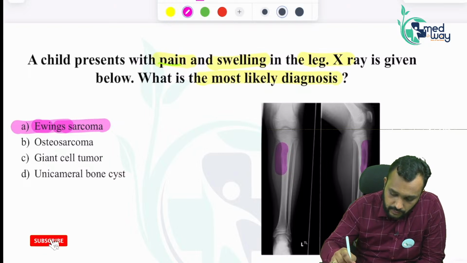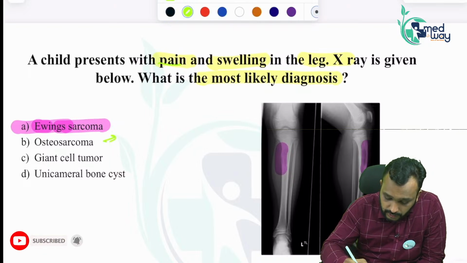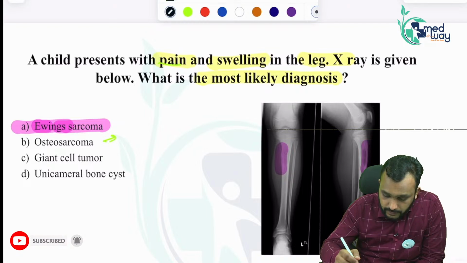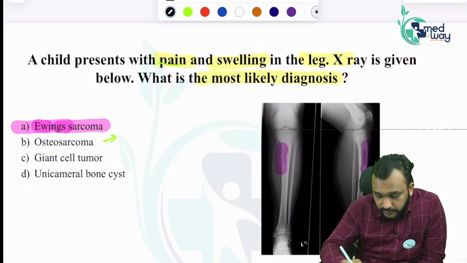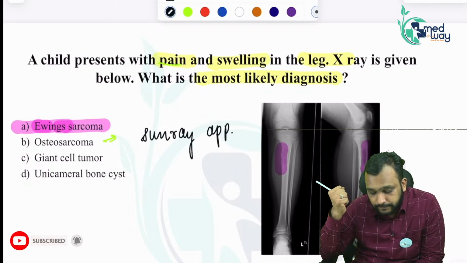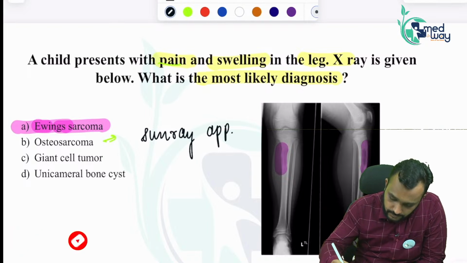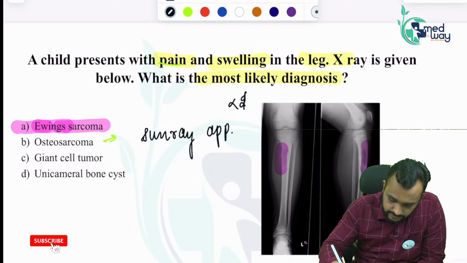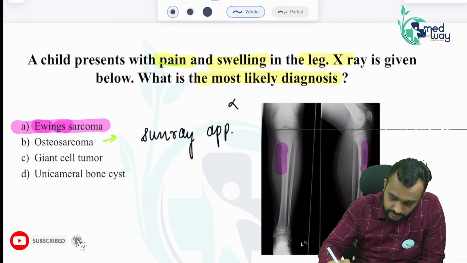If I talk about osteosarcoma, what does it show? Sunray appearance, right. More common in children less than 10 years of age.